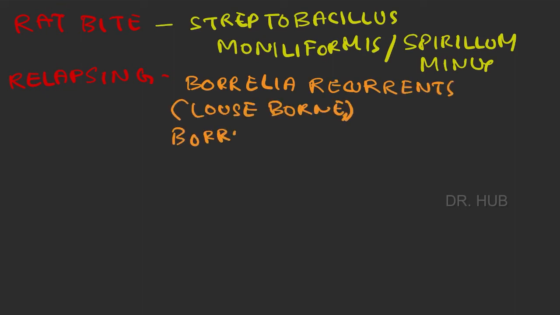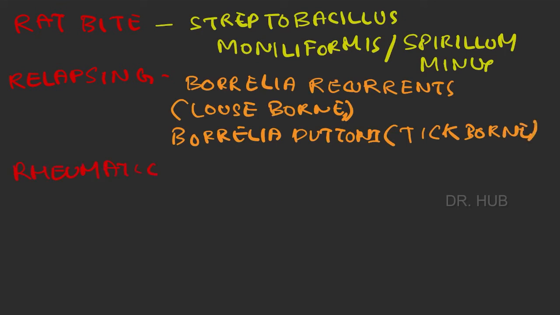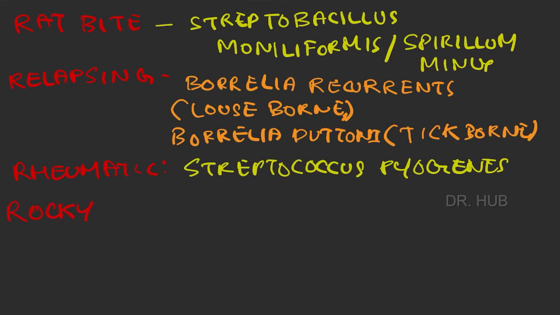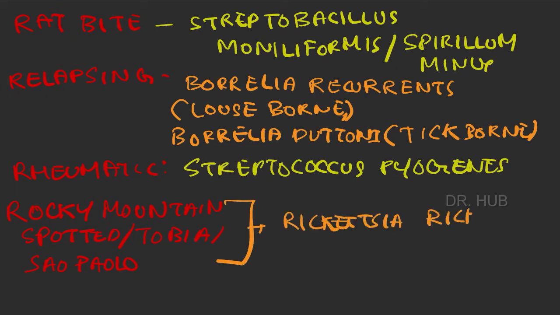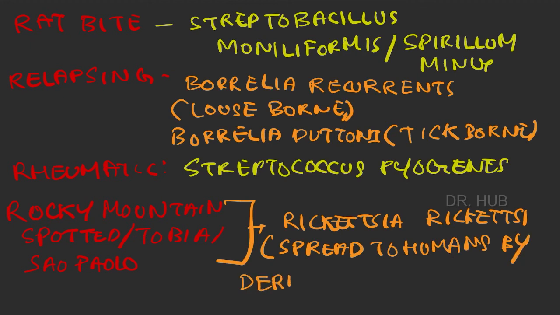This is seen in Borrelia recurrentis, which is louse borne, and Borrelia duttonii, that is tick borne. And then the rheumatic fever is seen in case of Streptococcus pyogenes, and then the Rocky Mountain spotted fever is seen in Rickettsia rickettsii and is spread to humans by Dermacentor ticks.